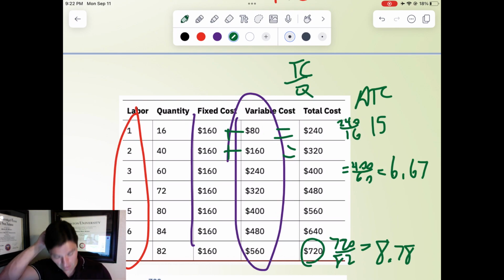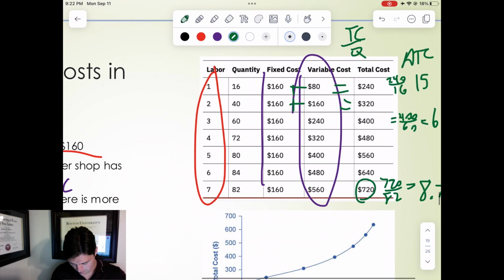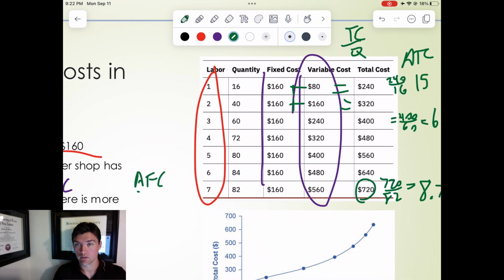If you wanted to find the average fixed cost, all you're going to do is take 160. For each quantity, you would do 160 divided by 16, 160 divided by 40, 160 divided by 82, and that should equal 1.95.